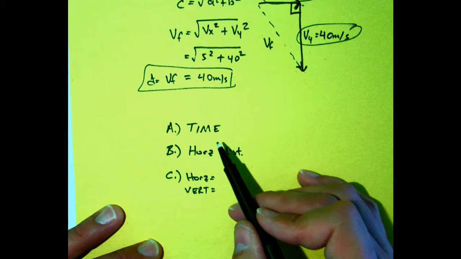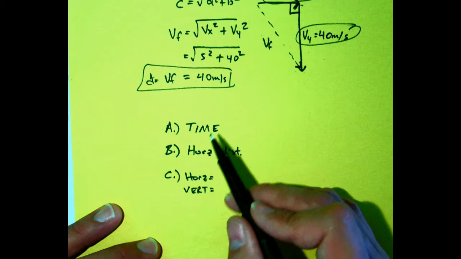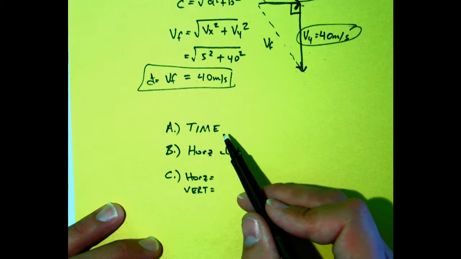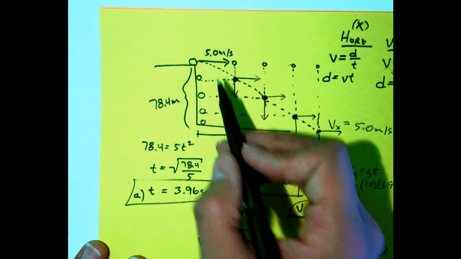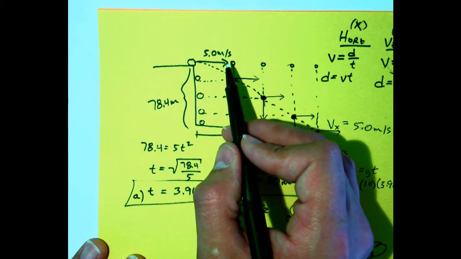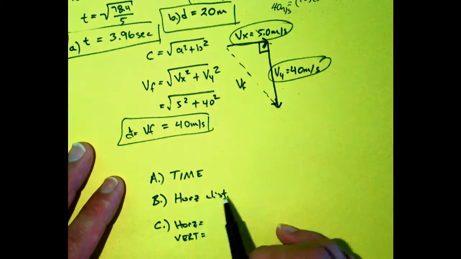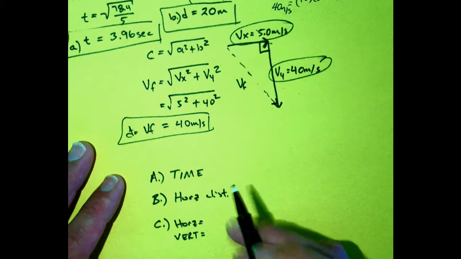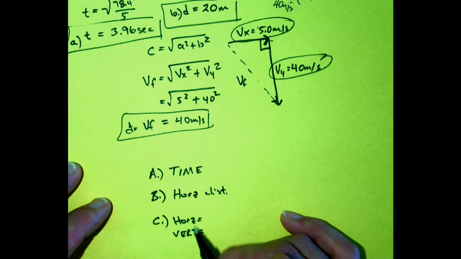So you answer these questions. You tell me, is it the same? Is it tripled? Is it doubled? No change? You tell me about the time. If I'm increasing the speed, tell me what happens to the time. If I increase the speed to 10 meters per second, tell me about the horizontal distance. How far does it reach? And then tell me about the horizontal and vertical speed, or I'm sorry, velocity.